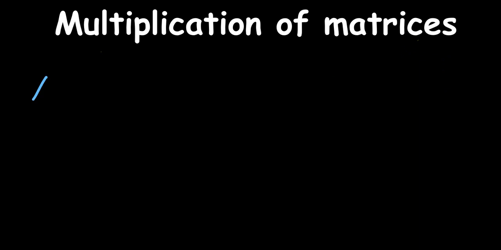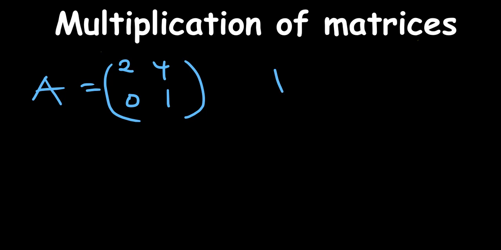Let's say we have A equals 2, 4, and then 0, 1. And then B, let's say we have 1 and 2 there.